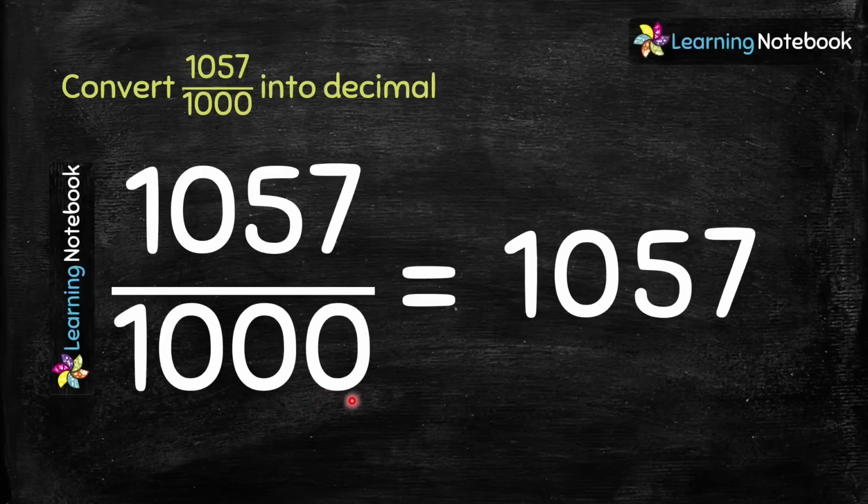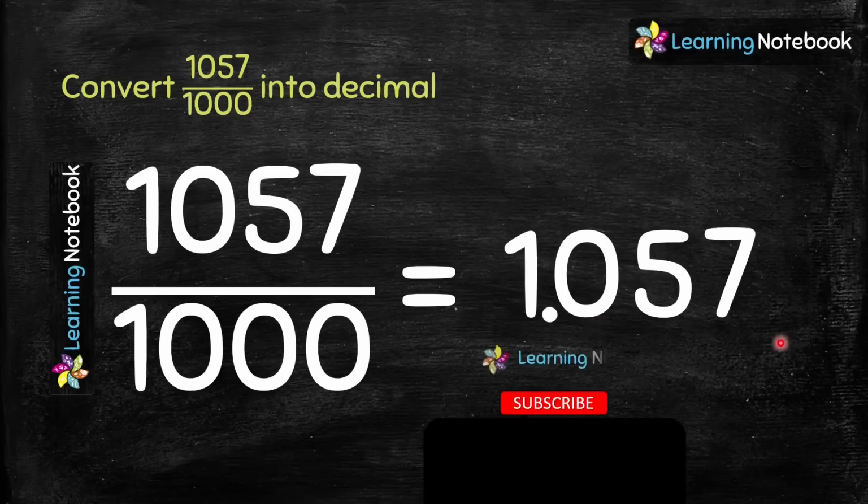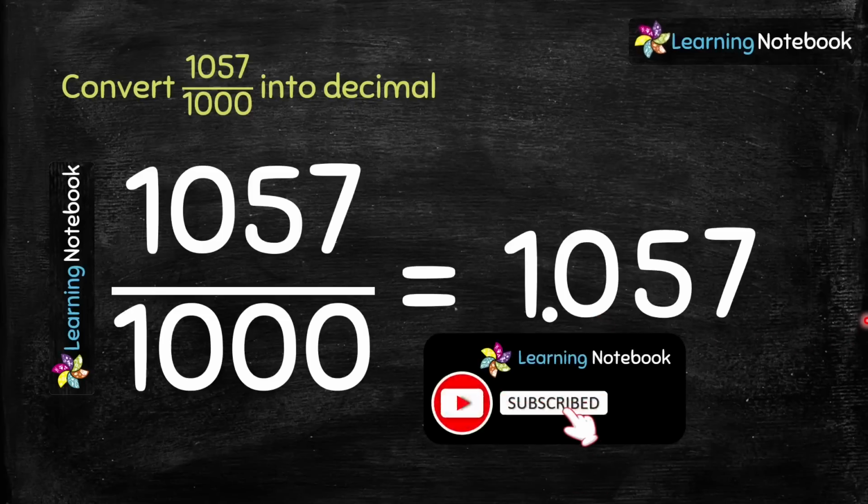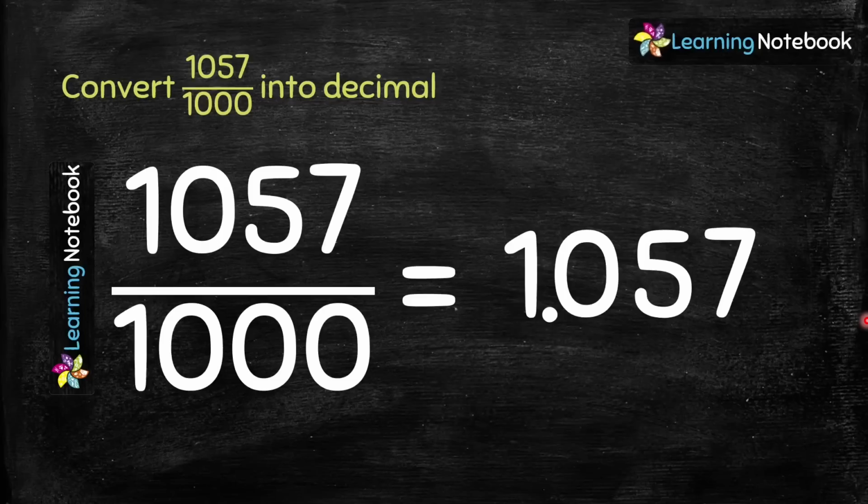So we will put a decimal point at 3 decimal places. So count from right 1, 2, 3 and put a decimal point here. So we have got the answer as 1.057. So students, this is how we convert a fraction into decimal.